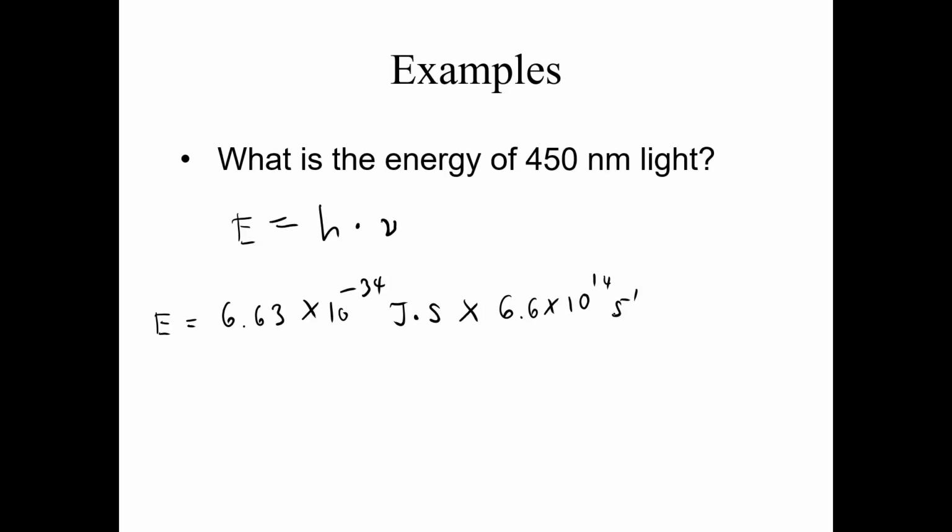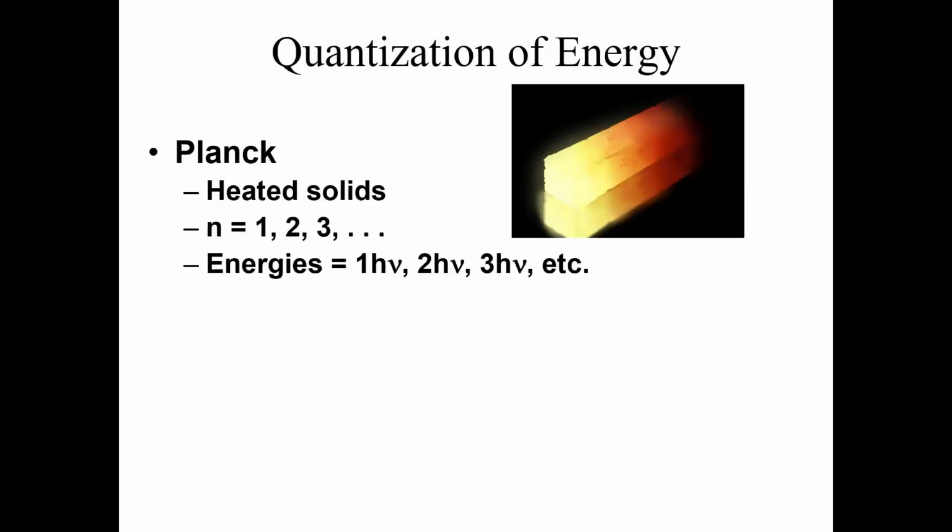So seconds divided by seconds goes away, equals 4.4 times 10 to the minus 19 joules. That's the energy of a photon or a light particle that travels at this wavelength, 450 nanometers.